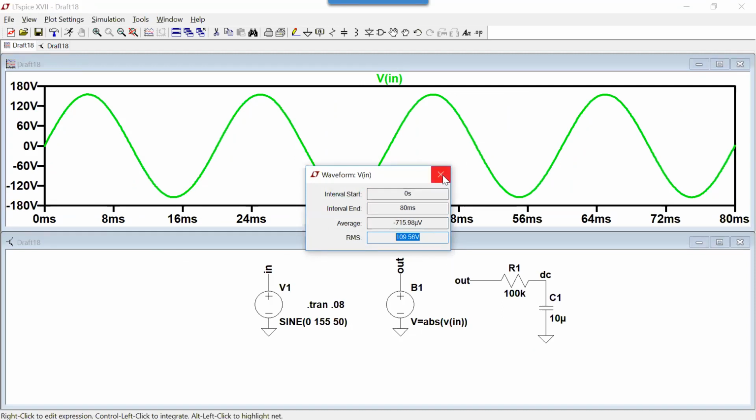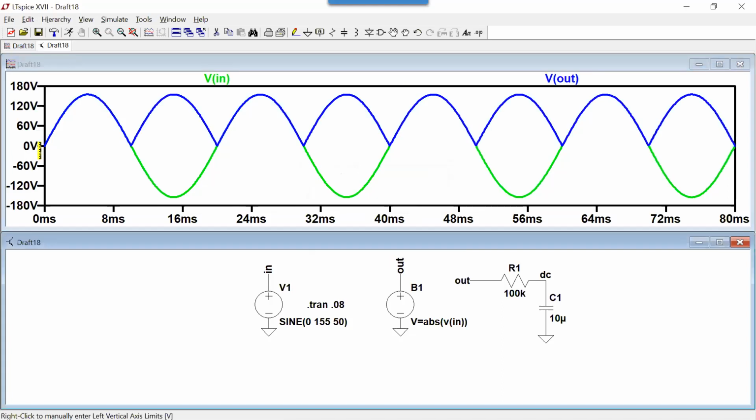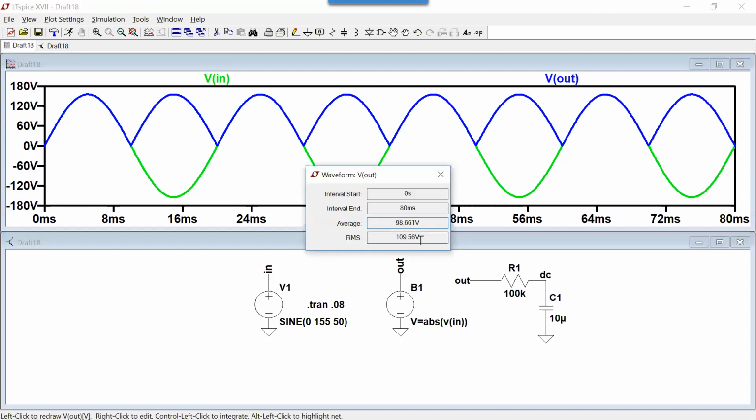All right. Now, rather than dealing with the diodes, I can click on V out, and now you see the absolute value of that. And the average of that, which is actually the DC part, is 98.66, and the RMS hasn't changed. RMS is you're trying to get an equivalent voltage to whatever a DC is.